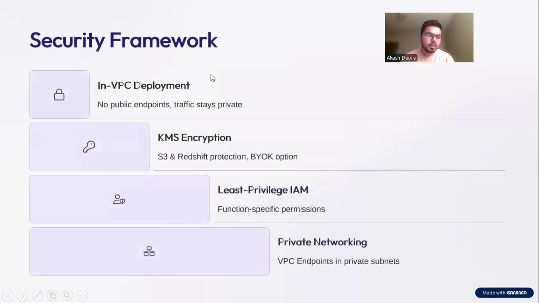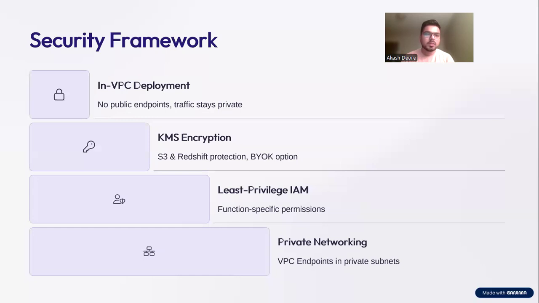Moving forward, we have the security framework. Security is never an afterthought. We should always focus on securing our architecture or our application while we are building it, and we should not neglect any security aspects. Here also they are providing various security features in their architecture.